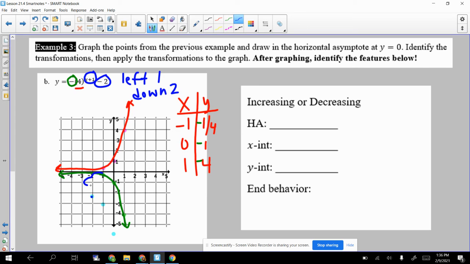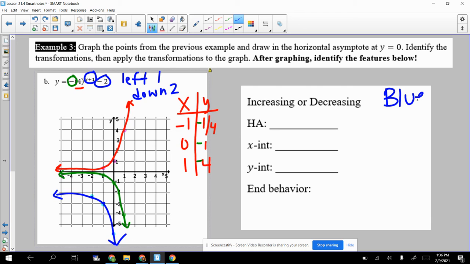So left 1, down 2, if you guys can see that. Same thing, left 1, down 2. Okay, and then left 1, down 2. So this one's actually off the graph a little bit too. It's at -6 here. So this one in blue would be our final answer for this graph.